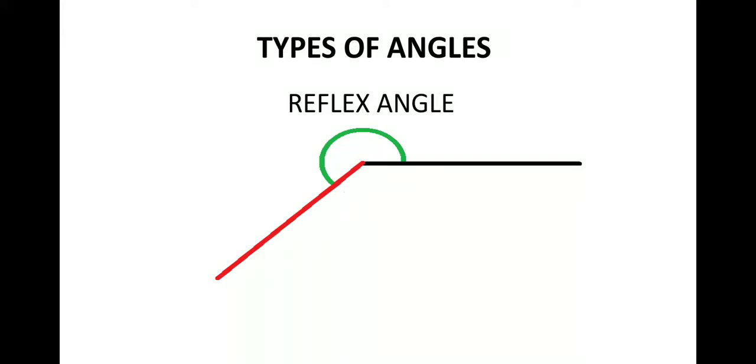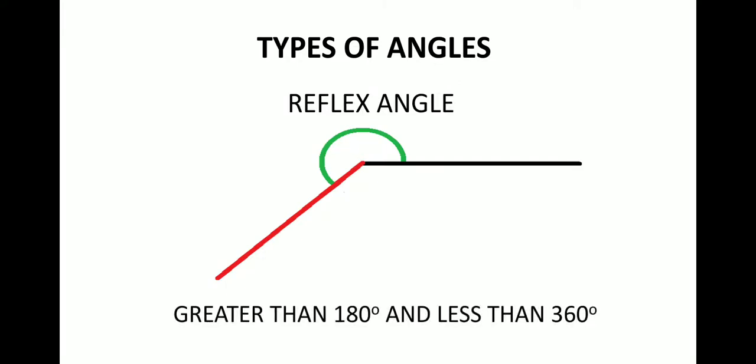Next, the straight line and the other line form over here and meet the line, so that the angle formed is this much. This angle is called a reflex angle, and it is greater than 180 degrees and less than 360 degrees.